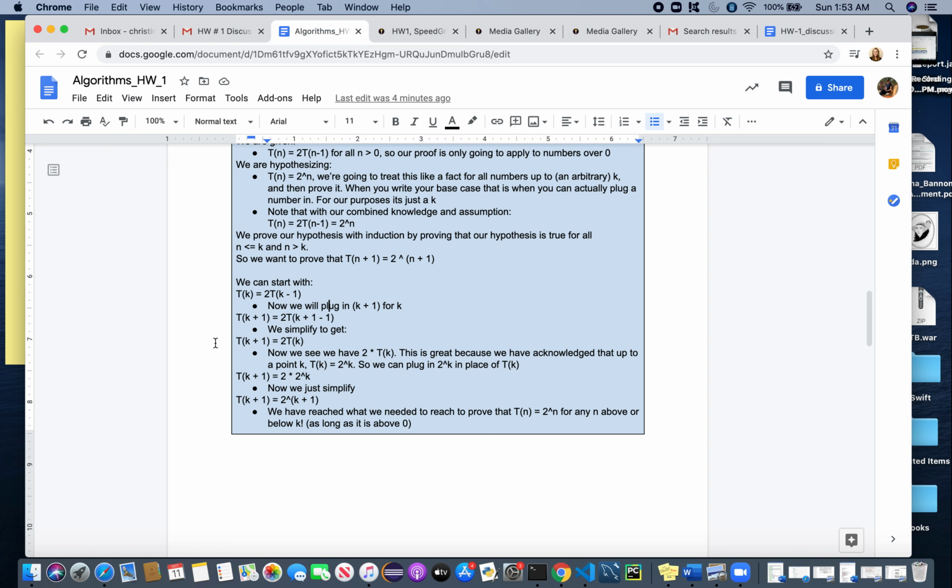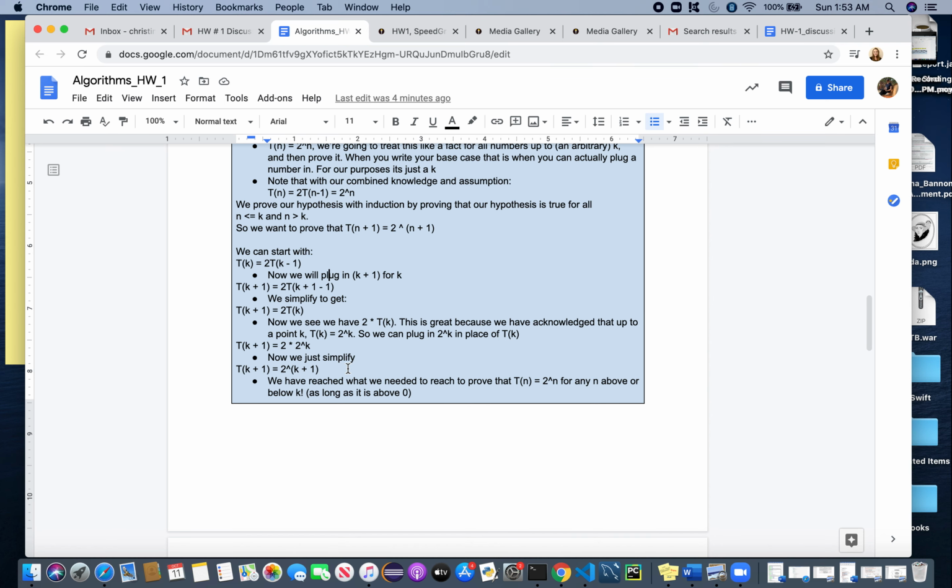This t of k that we have right here, we can plug that in because t up to a point of k equals 2 to the k.